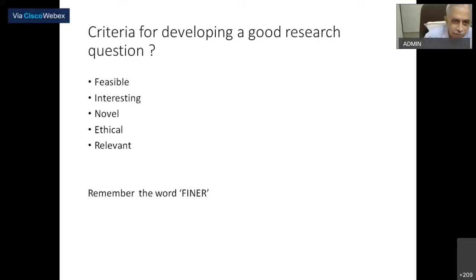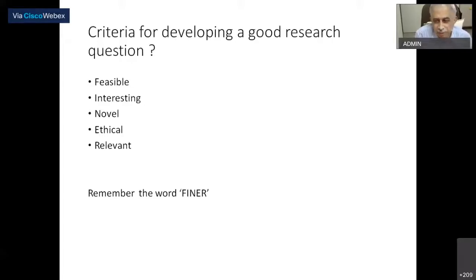Even if you are doing your own research, whatever you are investigating should be interesting to you, and it should be novel. It should be ethical, because no research should be done unethically. There is a research committee for humans, animals, all those, but still sometimes you may bypass them or their way of thinking.